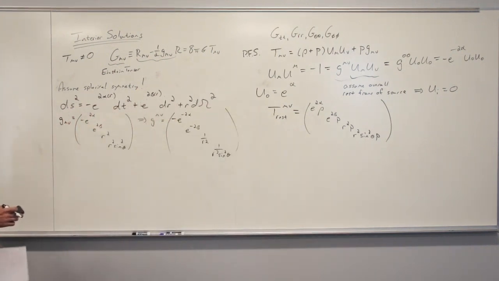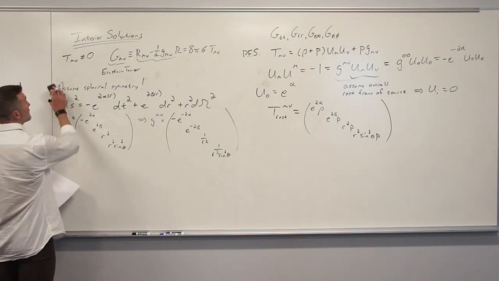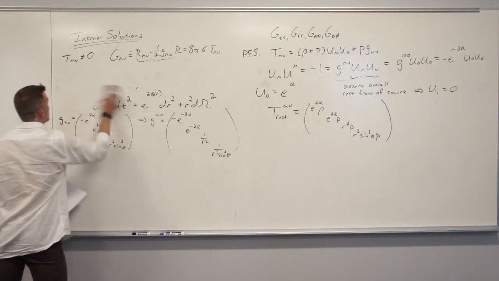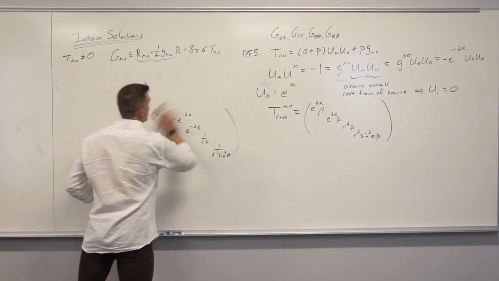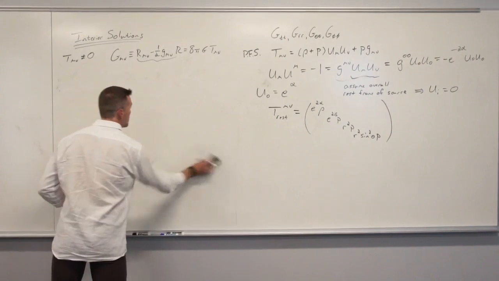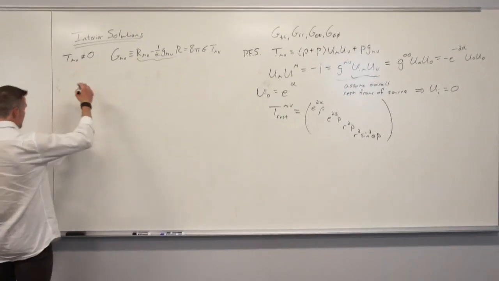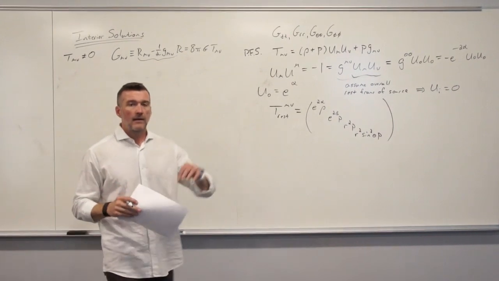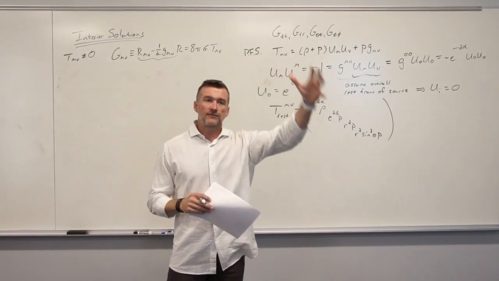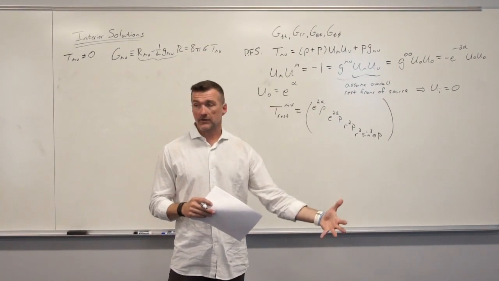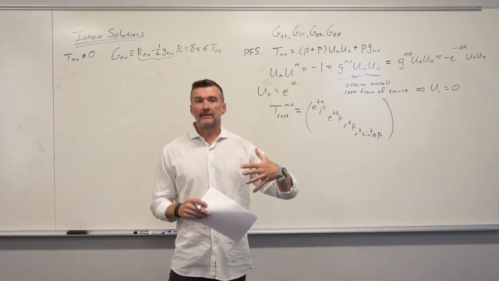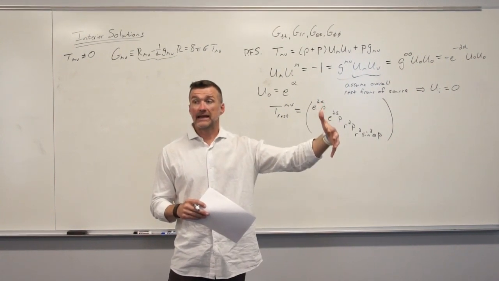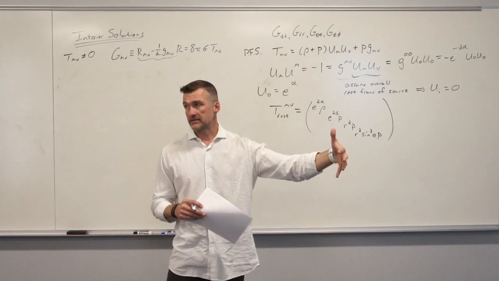Now, I'm going to simplify this a little bit more by making the following definition. This is motivated by the Schwarzschild solution on the exterior that we got, and the idea that the interior solution is going to have to match to that at the radius.